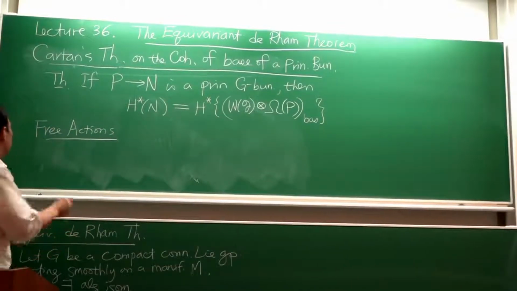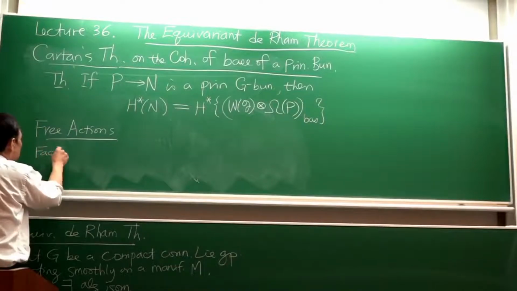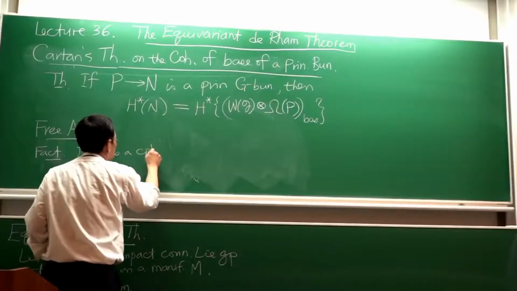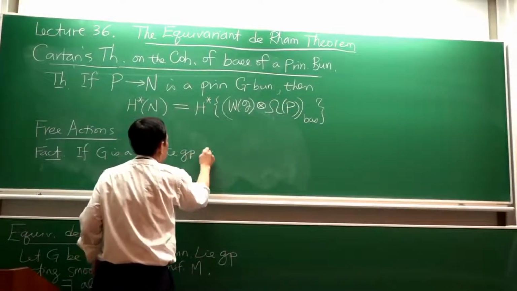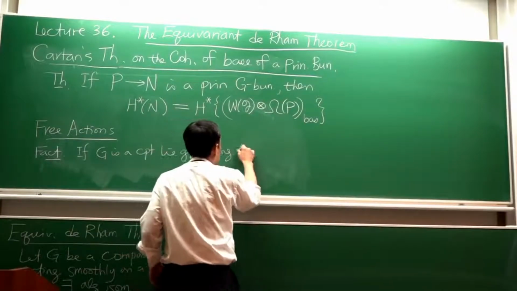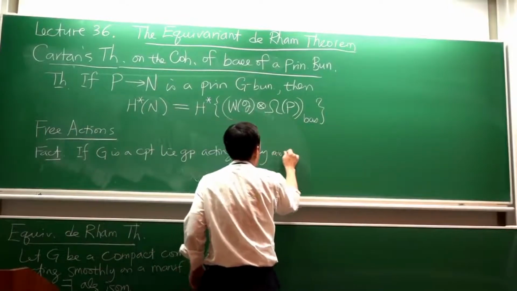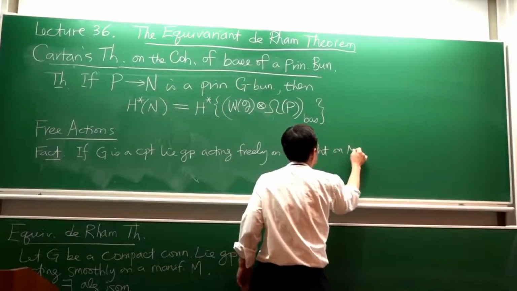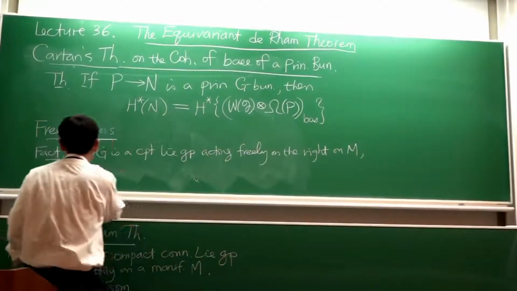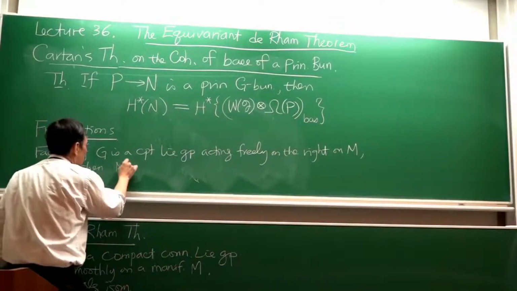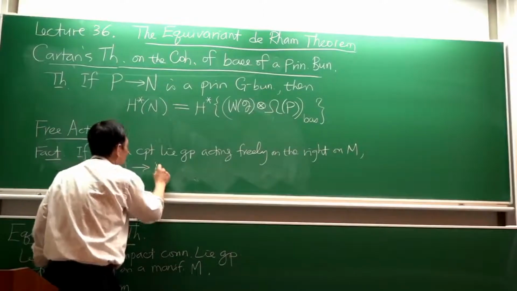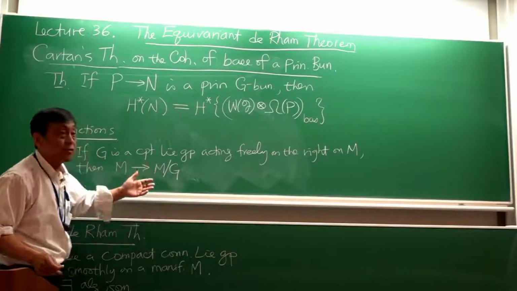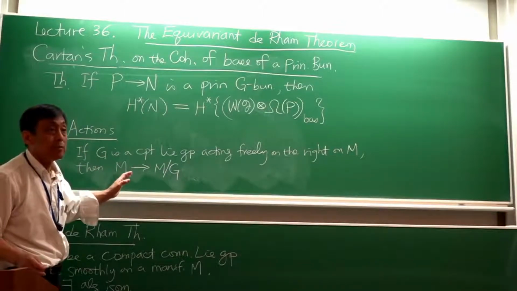Now, you need to know that if G is a compact Lie group acting freely on the right on M, then when you take the quotient and you look at the projection map, it's a principal G bundle.